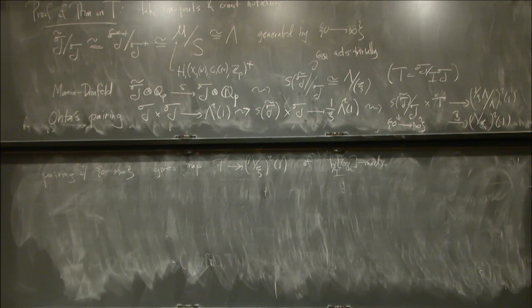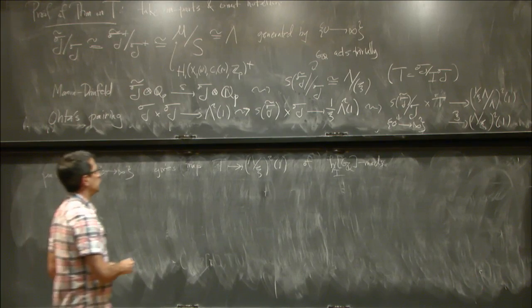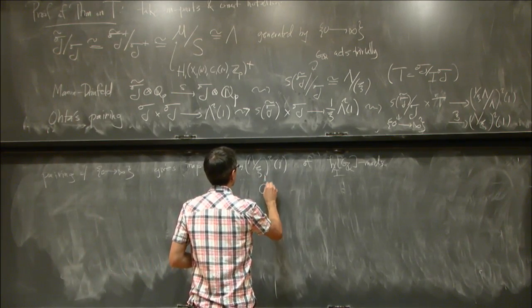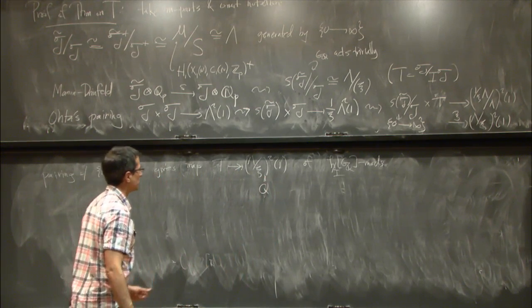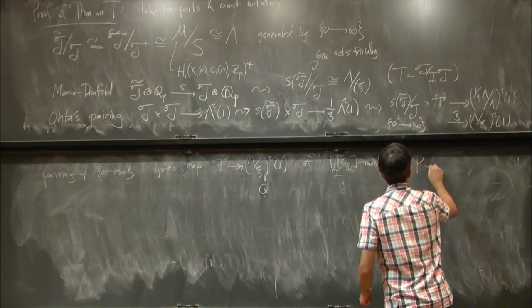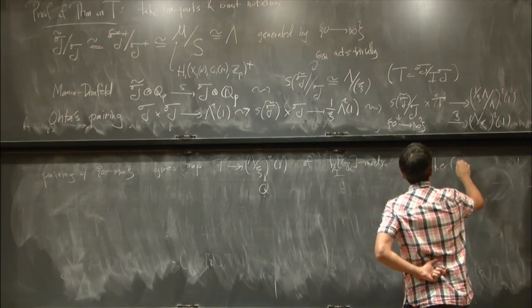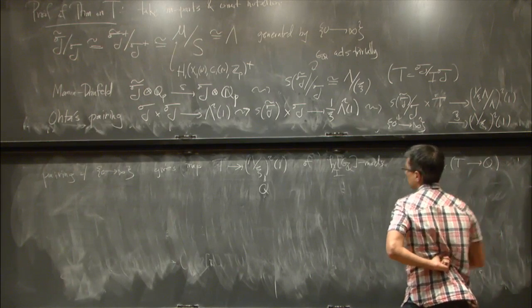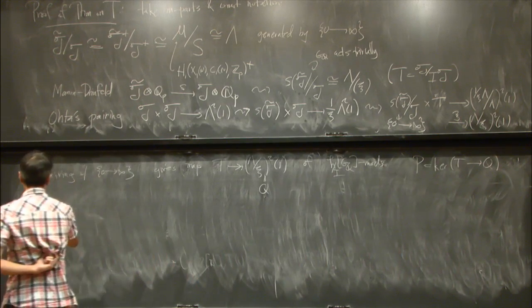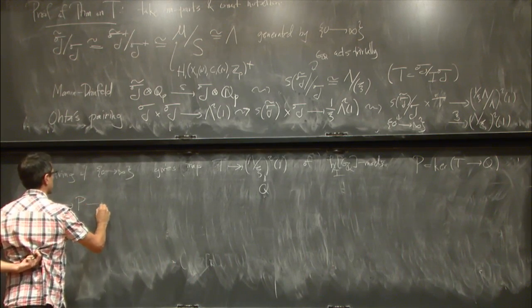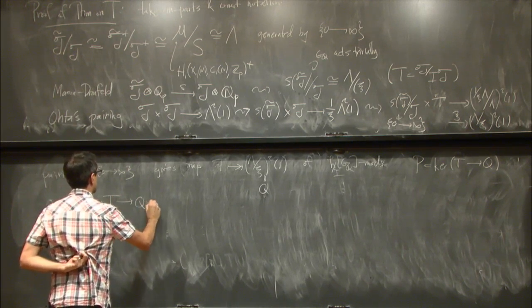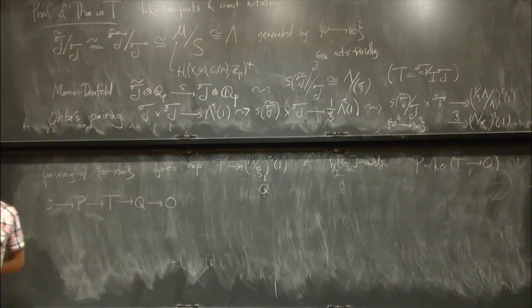So let's declare this thing to be Q, and let's let the kernel be P. So then automatically I have an exact sequence of H G Q modules: 0 goes to P, goes to T, goes to Q, goes to 0. Now I can consider the surjectivity.